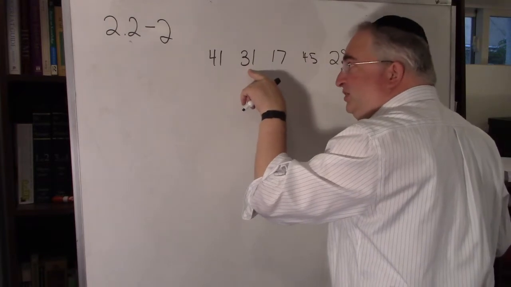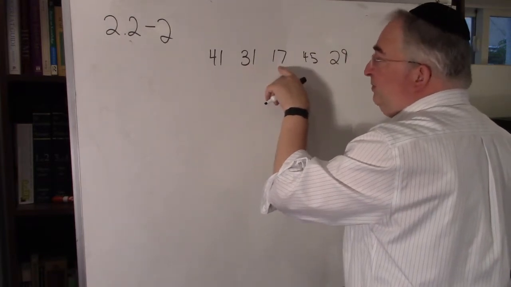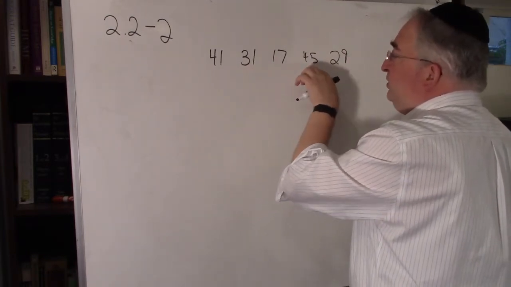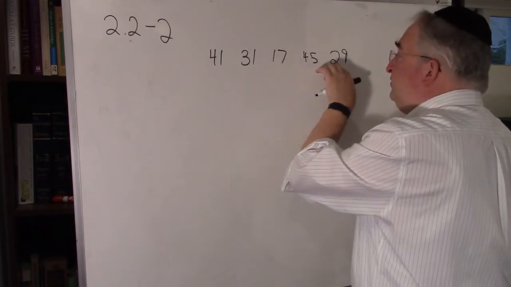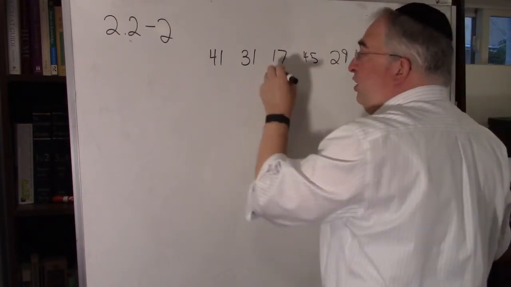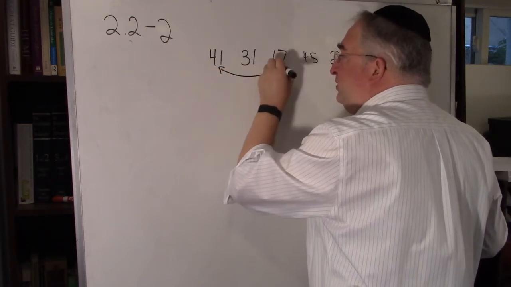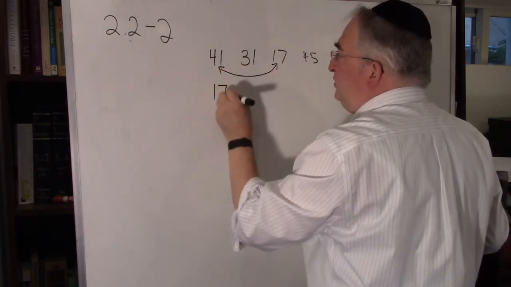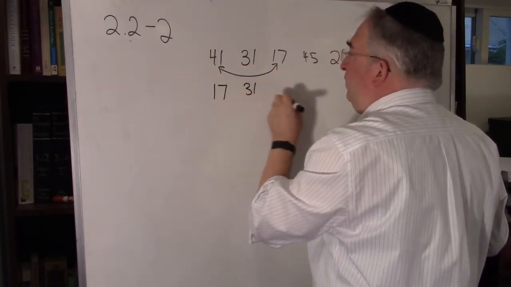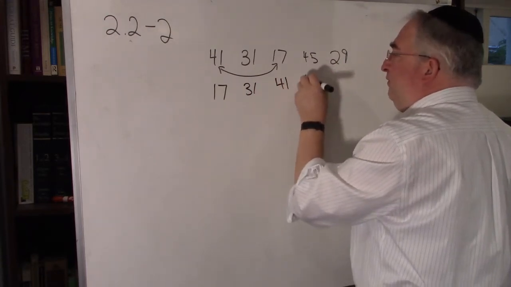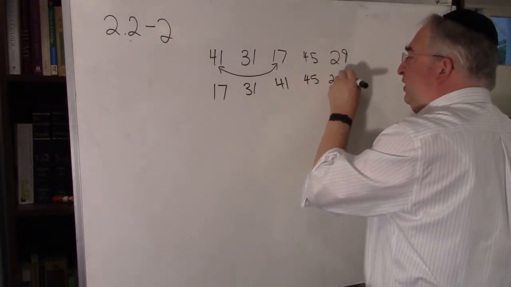That's going to make this the smallest. And then finally, this is going to be the smallest. It's going to compare 17 to 45, 17 smaller, 17 to 29, 17 smaller. So it's going to swap this and this. And so you're going to get 17, 31, 41, 45, 29.